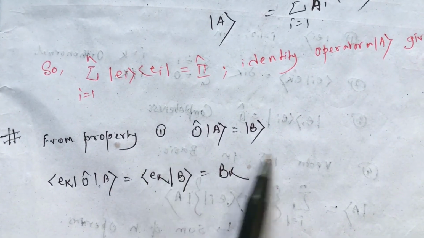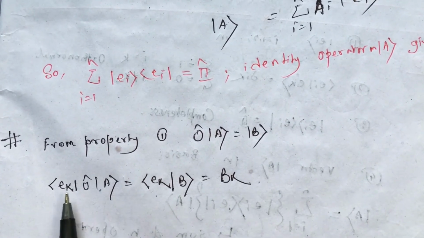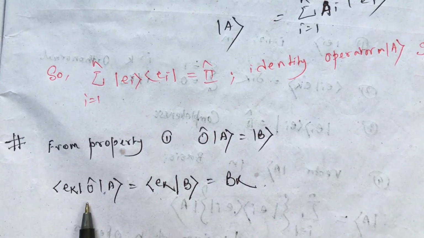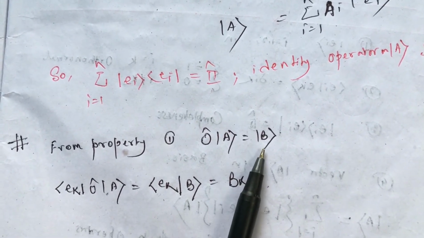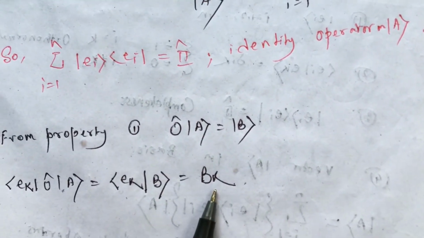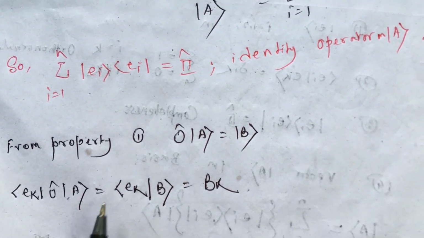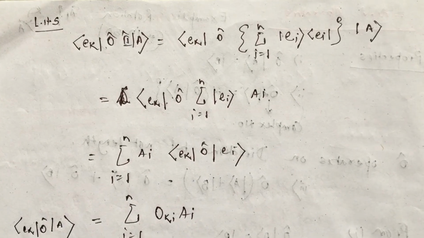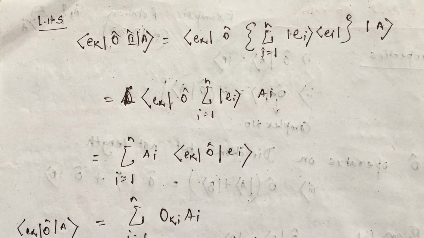From property 1, I can already write this. I have just discussed this also, that is O operating on A gives me back this B. So it is just the component Bk in this basis vector Ek. Let's find out the component of the ket vector B, Bk, in the Ek basis.